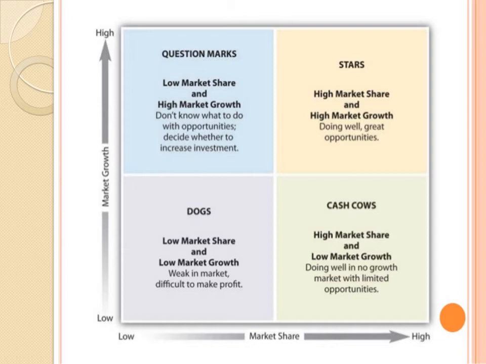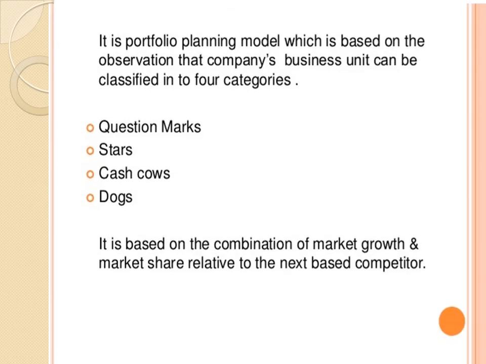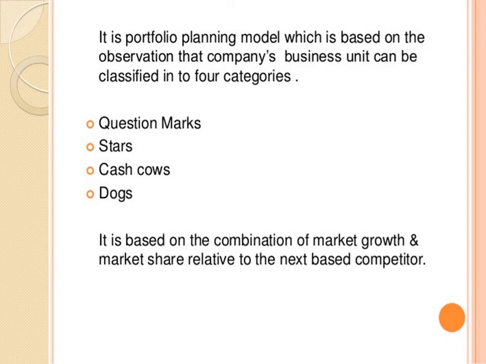Dogs have low market share and low market growth, so you are weak in the market and it is difficult to make a profit, which is why they are considered dogs. And cash cows have high market share and low market growth, doing well in a no-growth market with limited opportunities. These are considered for the BCG matrix.